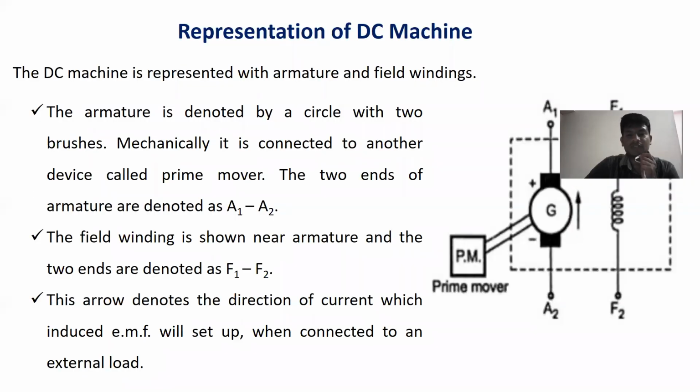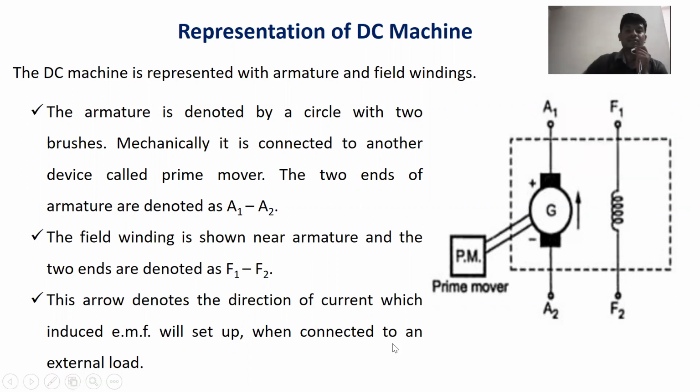So next we can see the representation of a DC machine in circuits. It is a simple circuit connection of a DC machine. For the DC generator, it is placed in a circle. Inside the circle we place a G. It is the generator. It acts as the armature.